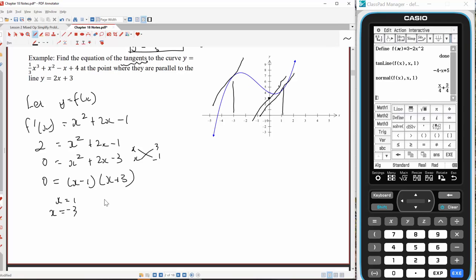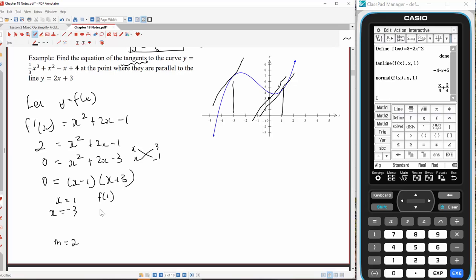That's pretty lucky. Once we know that, we know these are the points where this occurs. We know the gradient at that point is 2. What we just need is a y value for these points.